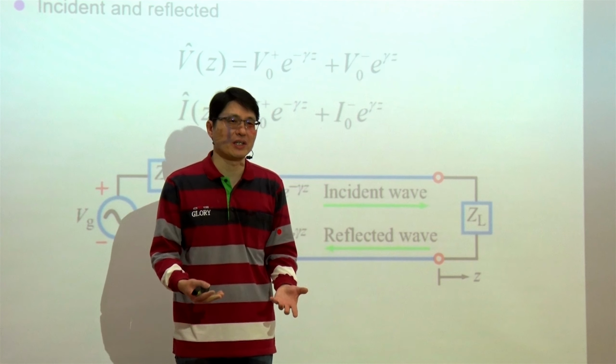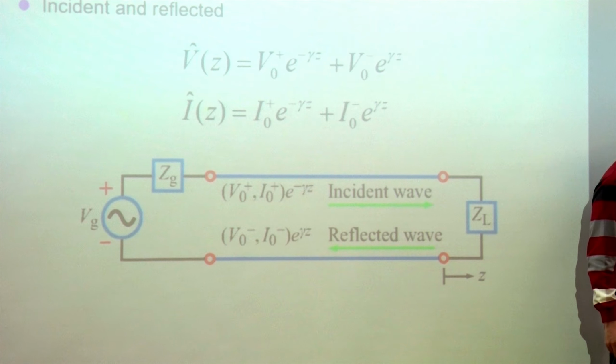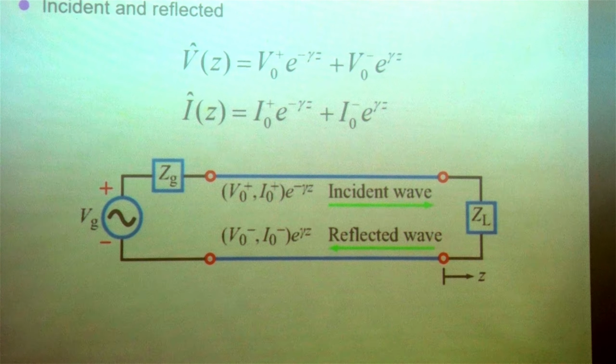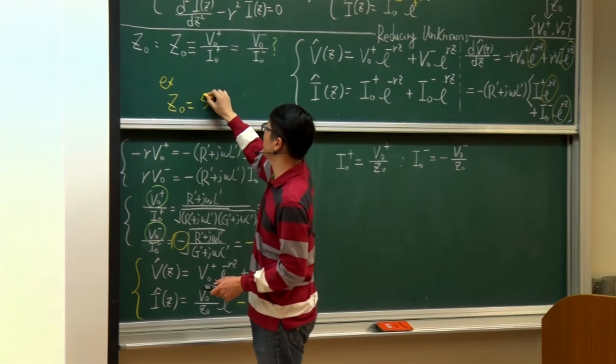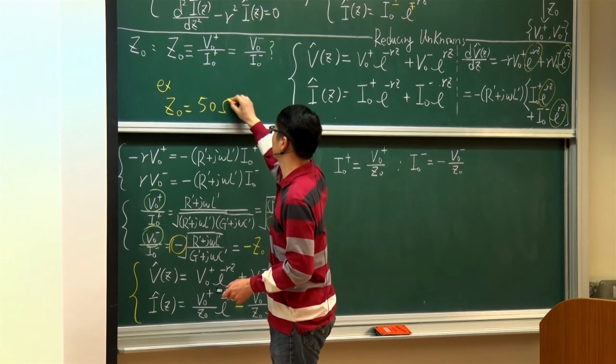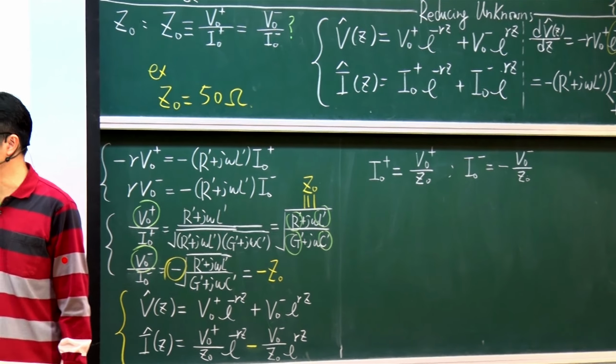Okay? So the reason is you might have the so-called impedance mismatch. The transmission line is represented by its characteristic impedance. For example, Z0 equals 50 ohms. This is a very particular transmission line. So I have a 50 ohm characteristic impedance transmission line connected to a 100 ohm load. 50 does not equal 100.